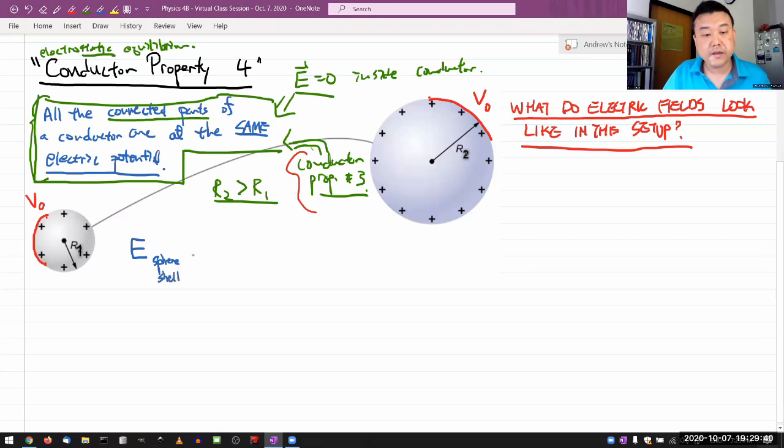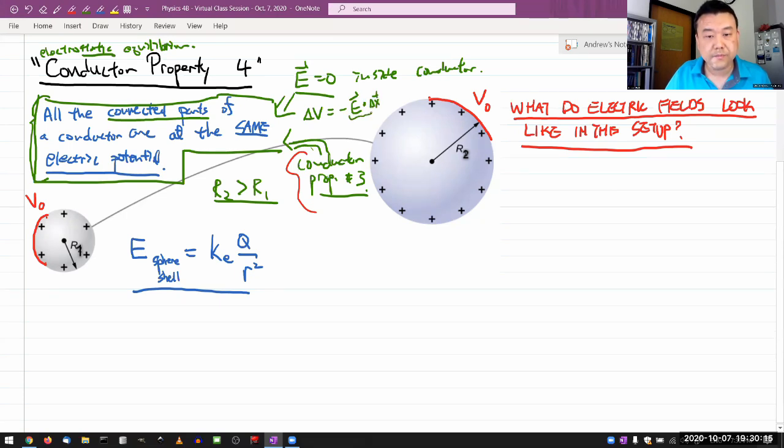The magnitude of that electric field is given by Coulomb constant times the charge on the spherical shell divided by the distance squared. That's the Coulomb's law, and we talked about how using Gauss's law we can derive that. Now, using this expression and using the definition of a voltage, which maybe I should have written it down here. Definition of voltage: change in voltage is equal to minus the electric field dot product with the displacement.